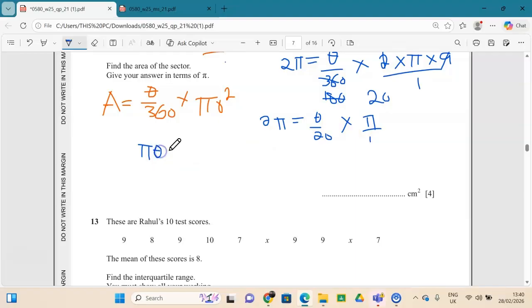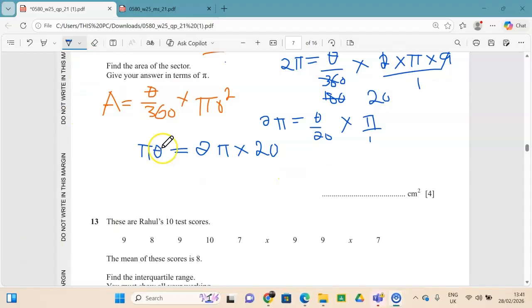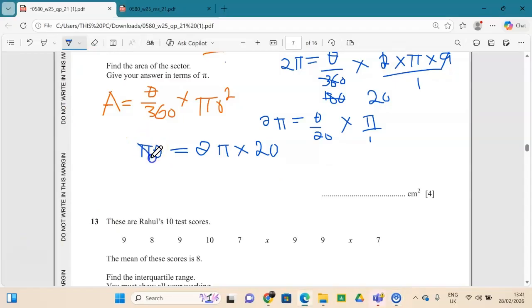Pi theta will be equal to, we can cross multiply, 2 pi times 20. Now let's see what theta will become. The pi here can take the pi here, and theta becomes 2 times 20, which will give us 40.